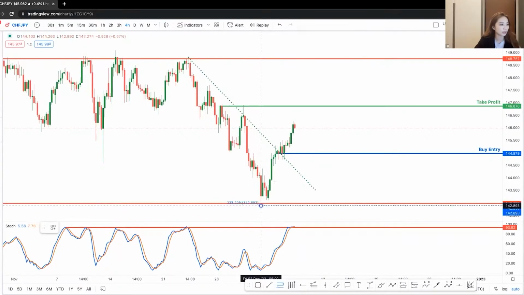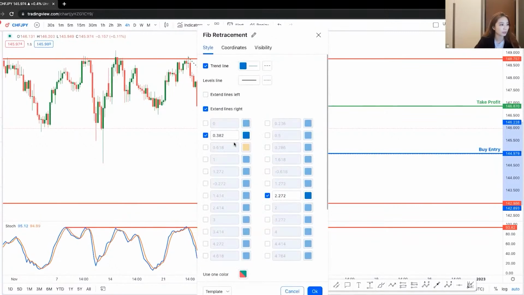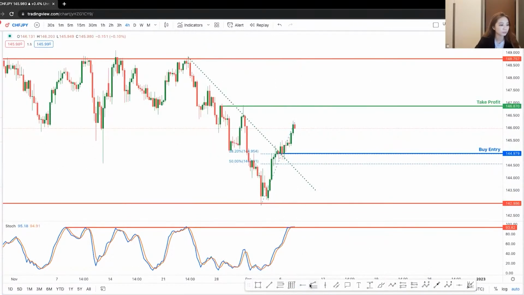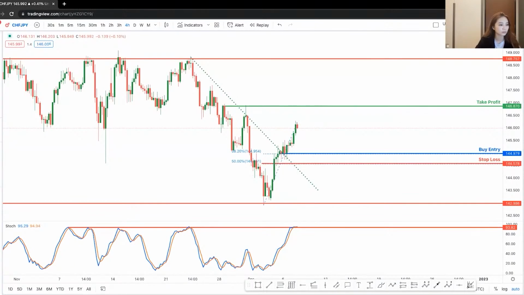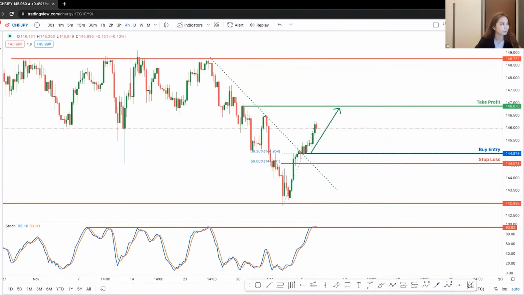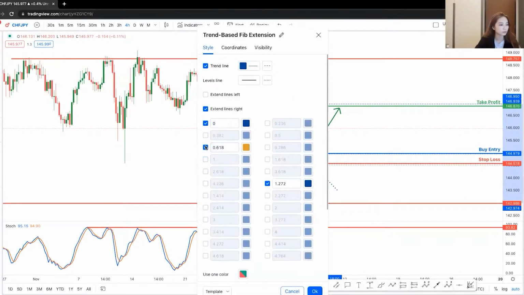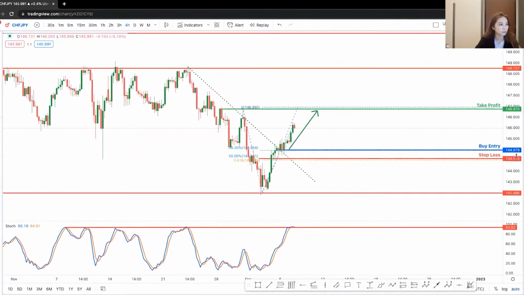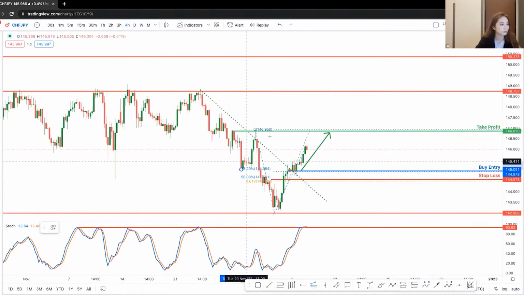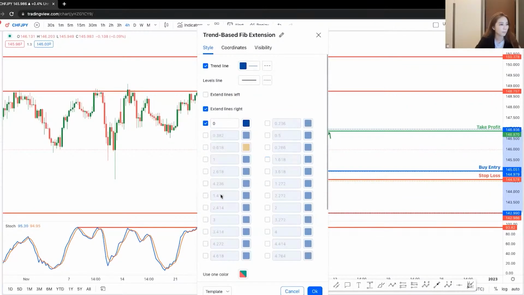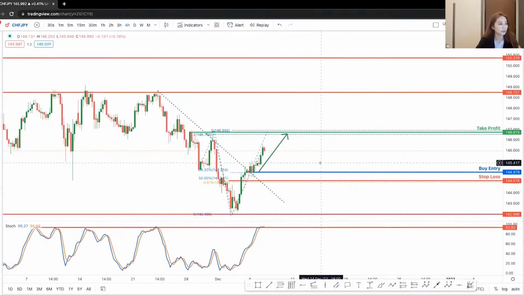So we're looking at a 38.2% drop back, looking at a 50% stop loss. All right, so this is what we are looking at.